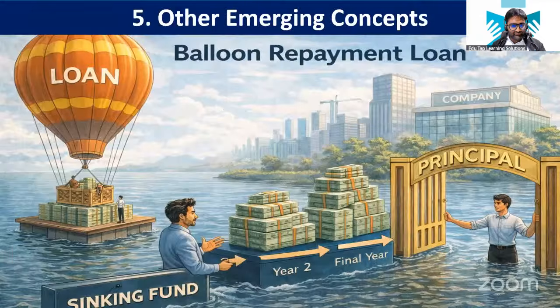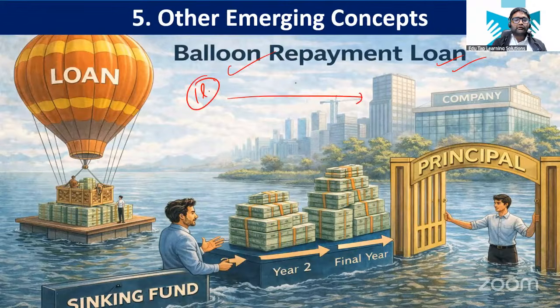Last few topics, we'll see something called the balloon repayment loan. Whenever you have taken a loan, let's say a 1 lakh rupees loan, and the entire amount you have to pay after 10 years, 1 lakh rupees at once, that is a very big problem, isn't it? Generally, what happens when you take a loan for buying a car or house is that we divide it into installments and pay it back with a certain interest amount.